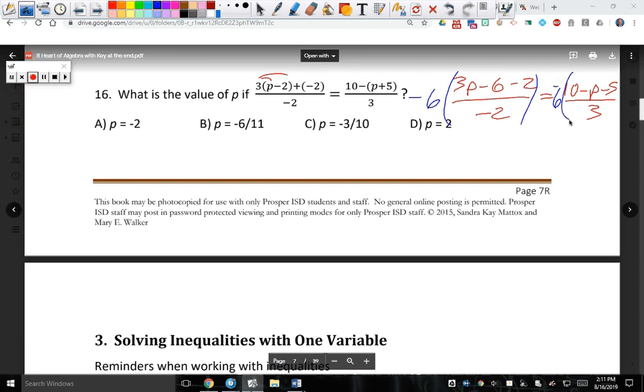If I multiply this by -6, otherwise -6 over 1, what does that reduce to? 3. So if I multiply this by -6 over 1, I now have 3 left over that'll be distributed. You all with me, guys? That would get a 9p, what's -6 minus 2? -8.